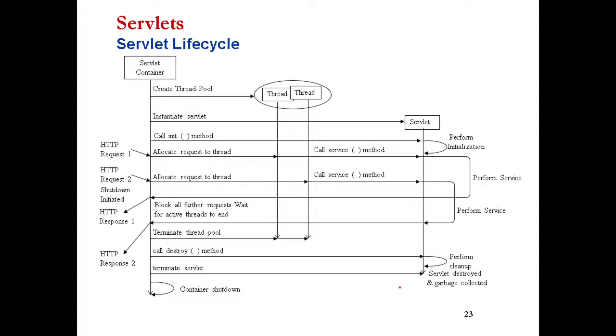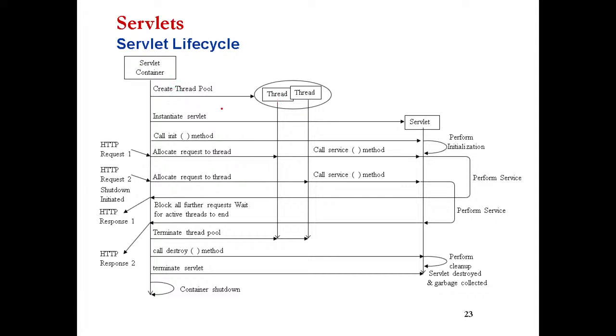There is another, more detailed method through which we can understand how the servlet lifecycle is carried out. So the servlet container is there. First of all, it creates a thread pool. As I had already discussed, it creates each and every request in a separate thread.